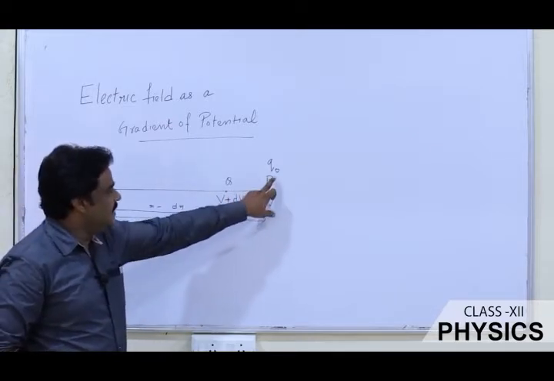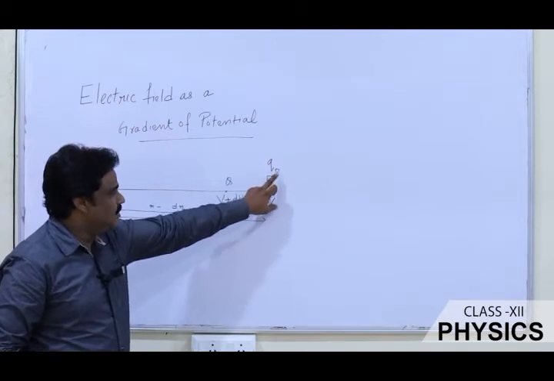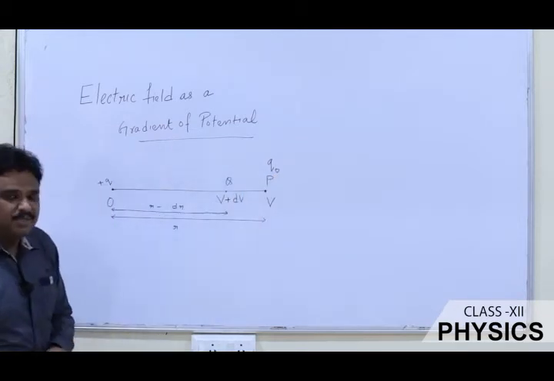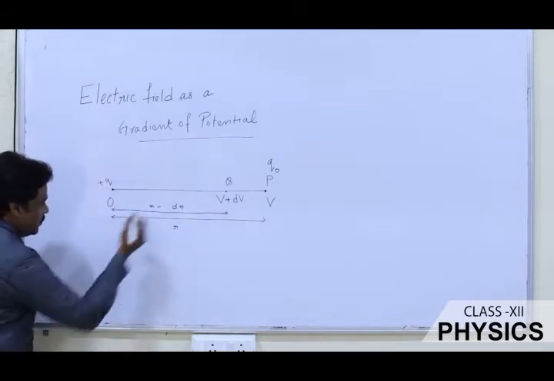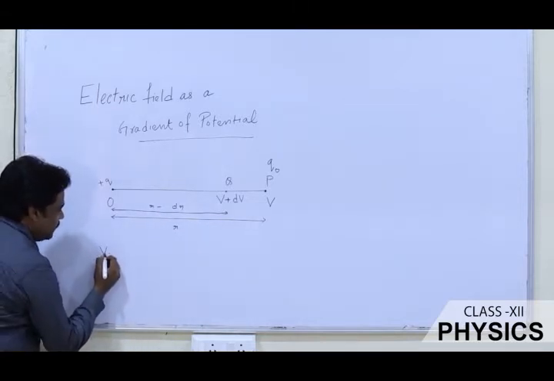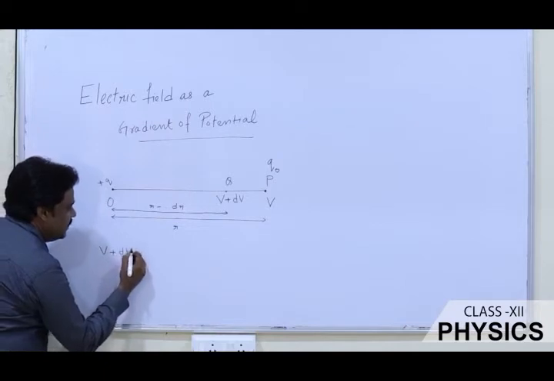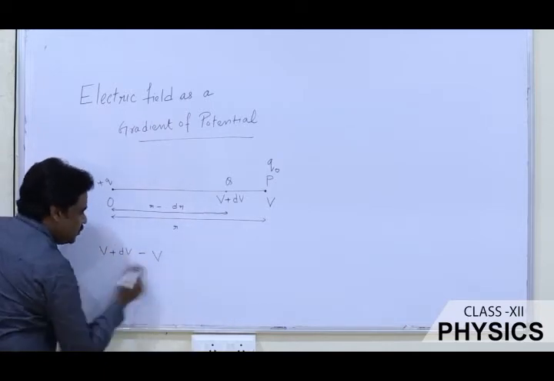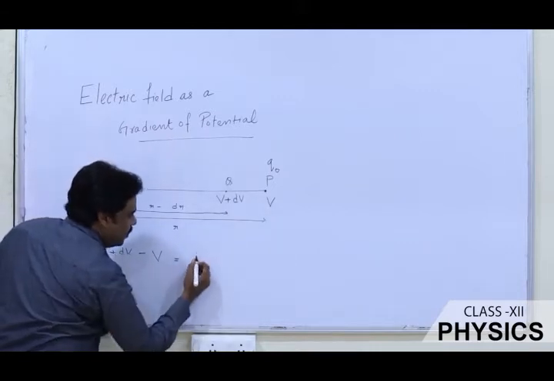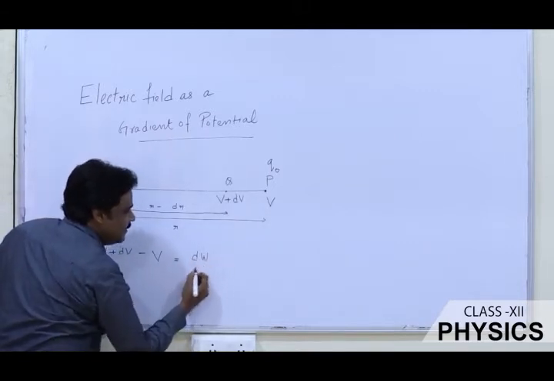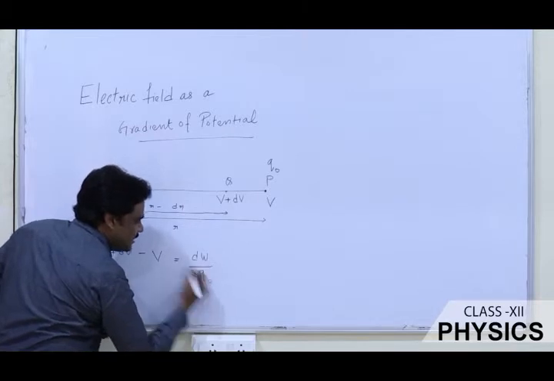What is the work done in moving a test charge q naught from P to Q? I am going to establish it in terms of potential difference. I can write it as the final, V plus dV, minus the initial, V. Obviously it is a small displacement, so I am writing dW as the small work done on the test charge q naught.